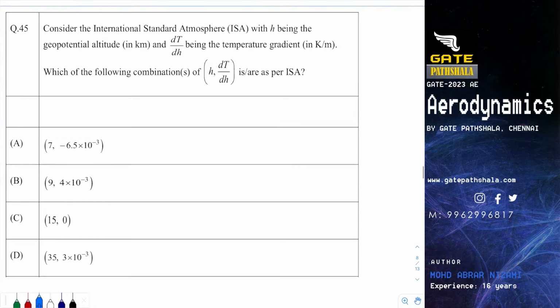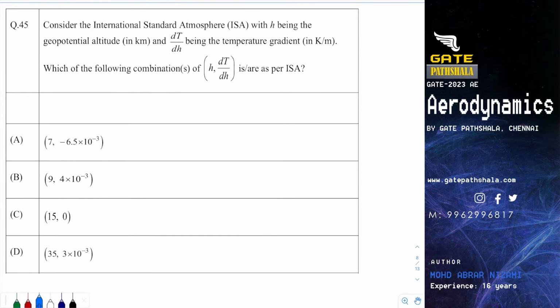Then let's move on to the next question, that is question number 45. This question is based on the atmospheric model, the international standard atmospheric model. So dT by dh is nothing but the lapse rate.